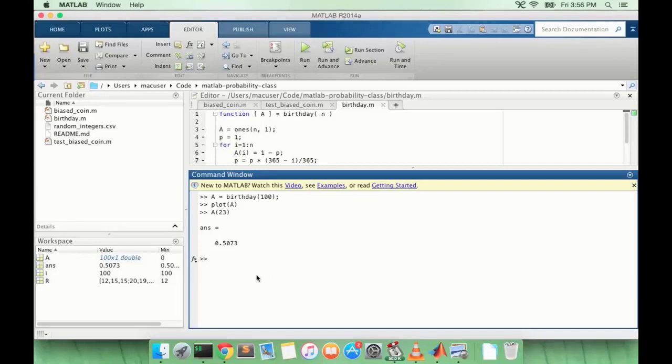The mean is like the average. It means you add up all the different values and you divide it by the total number of values, and that kind of tells you what the middle value would be. So what I want you to do is to load back up our random integer CSV.